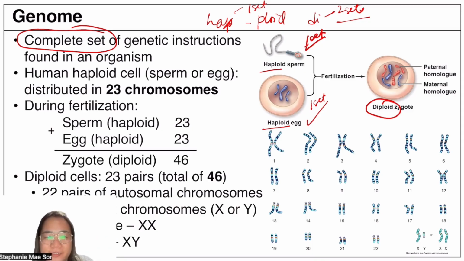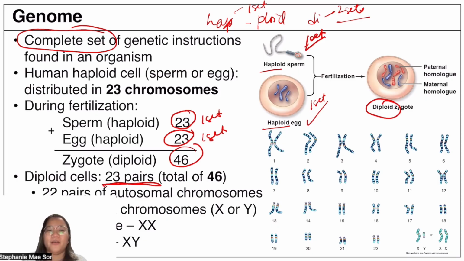So, during fertilization, you get 23 chromosomes. So, yung 23 yung one set, and then another set from your mother sa egg. So, 23, one set, 23, another set. So, you have a total of 46 or 23 pairs of chromosomes.